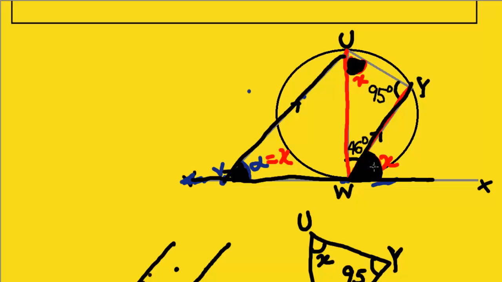From the alternate segment theorem, this angle here is equal to this angle here. From corresponding angles, this angle here is equal to this angle here, angle UVW that we were interested in. And that is all. Thank you.